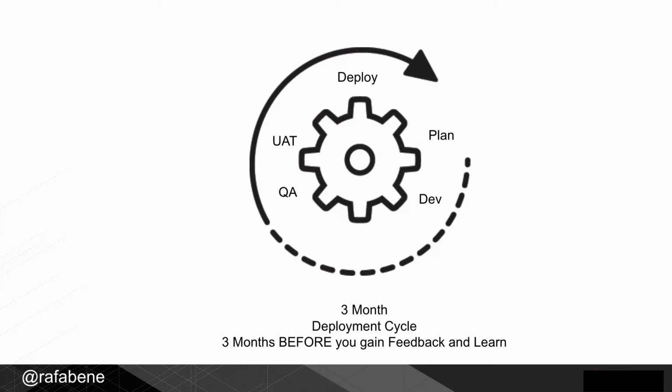So it takes 3 months before the user who requested a new feature gets feedback and learns from the thing that has been deployed and creates a new loop. Because this loop of planning, development, QA, UAT, and deploy never stops.